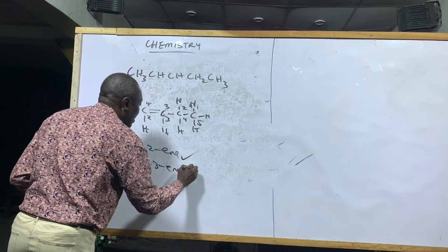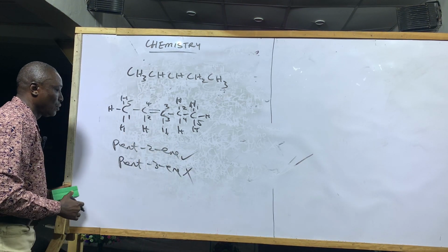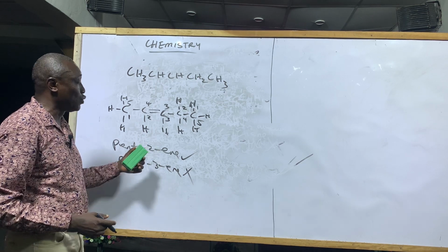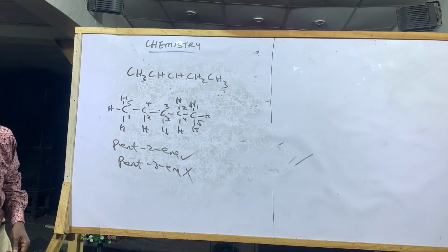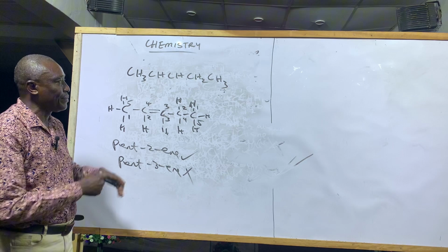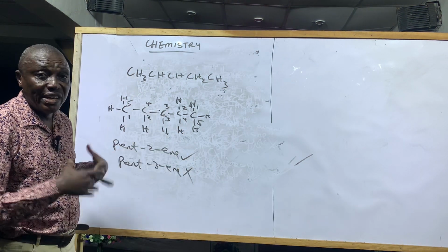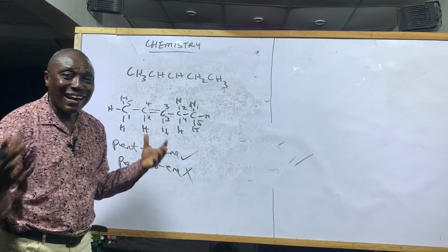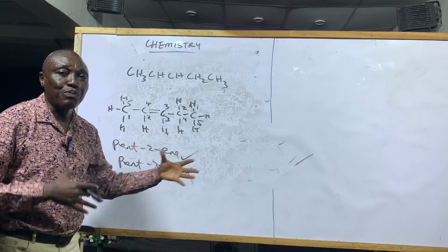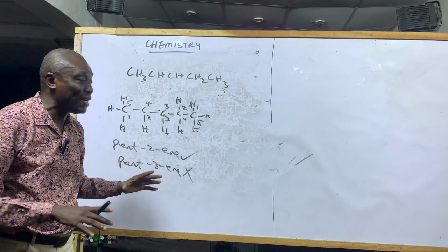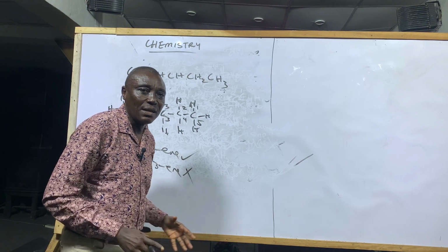So this is correct, this is wrong, because this one gives the lowest digit to the functional group. So in this class, we have been able to look at how to name alkenes and alkynes, and how to give preference to the functional group over the substituent when naming them.